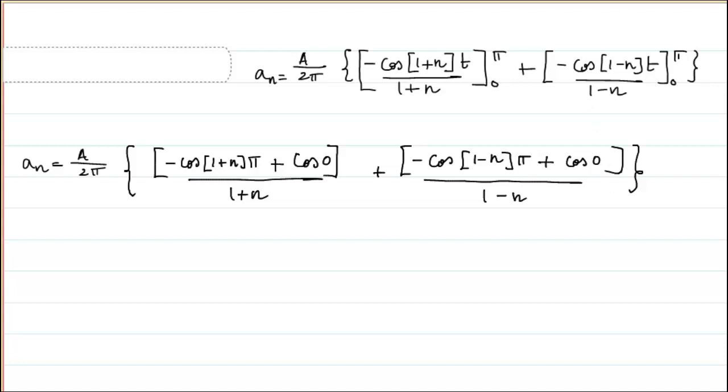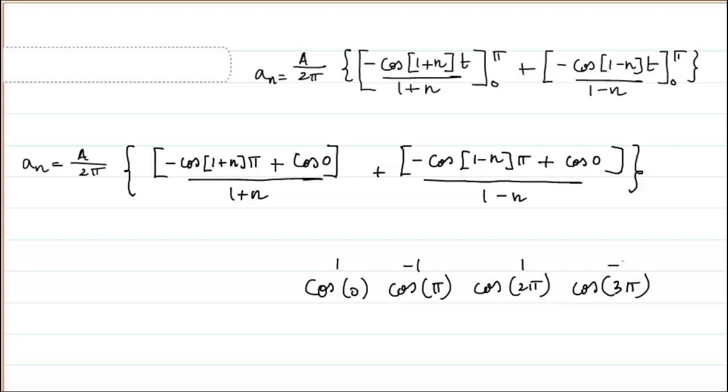Now something very important. You should know that cos of 0 is 1, cos of pi is minus 1, cos of 2 pi is again 1, cos of 3 pi is again minus 1. So you can see, if you look at the number that is multiplying the pi, in this case it is 1, here it is 3, correct?